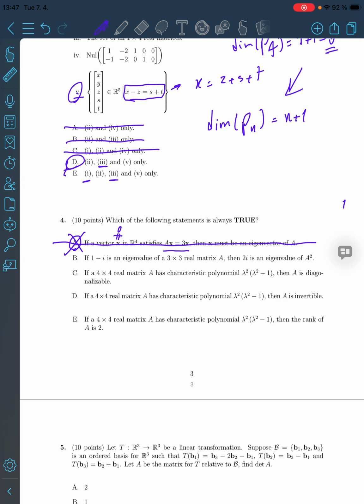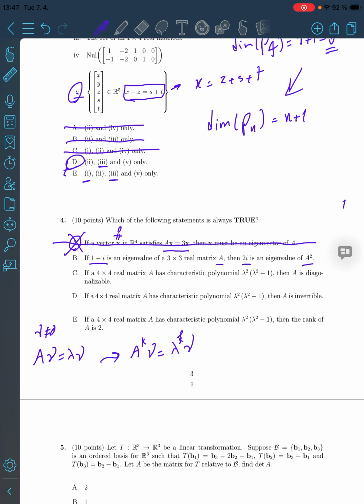Let's move on and check the statement in part B. You have this eigenvalue for A, and therefore this is going to be the eigenvalue for this. This comes from the fact that if Av equals lambda v for v not equal to 0, then if you consider the power of k, A^k v is going to be lambda^k v.